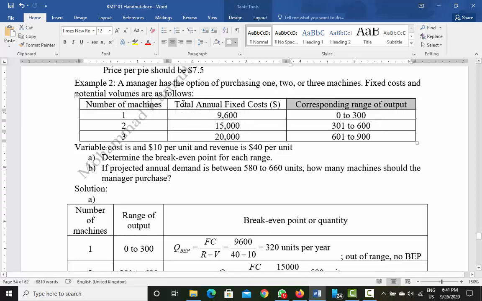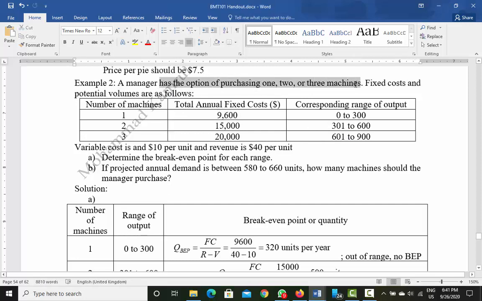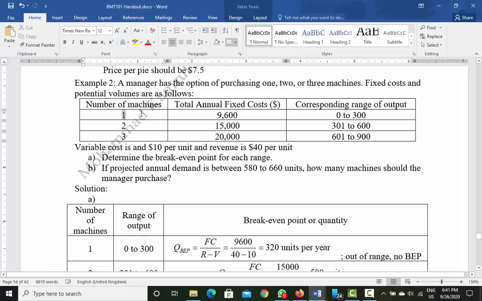If you buy only 1 machine, the total annual fixed cost will be $9,600, and the manager will be able to produce 0 to 300 units.